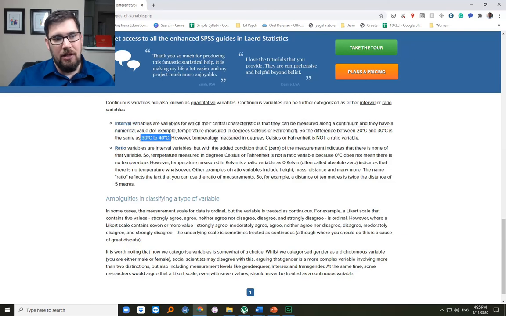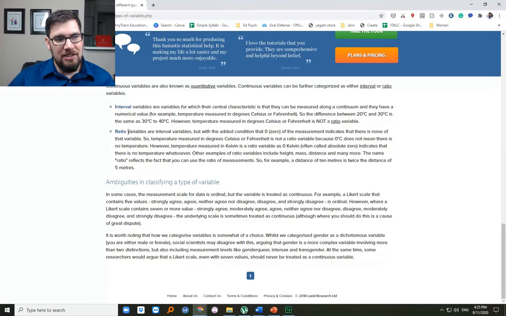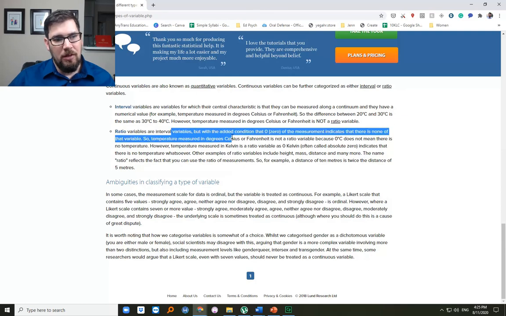However, temperature measured in degrees Celsius or Fahrenheit is not a ratio variable. So what is a ratio variable? It's a type of interval variable, but with the added condition that 0 indicates that there is 0 of that variable. It is a true 0.